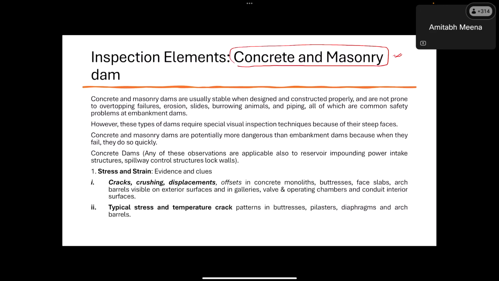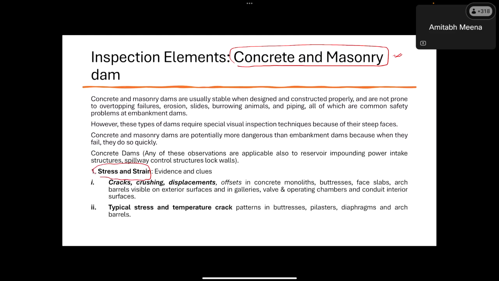So in concrete and masonry, these are the gravity dams. They actually behave in a certain way because of certain things. One of those factors is the stress and the strains. So these concrete dams may face cracks, crushing, or displacements.